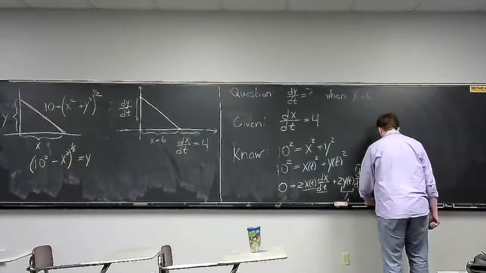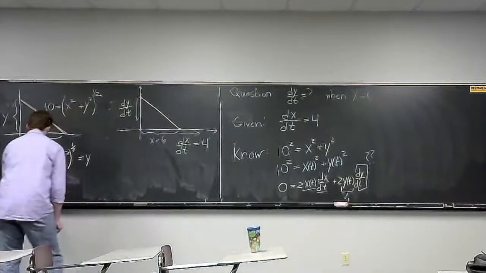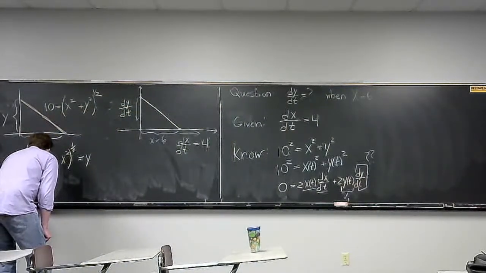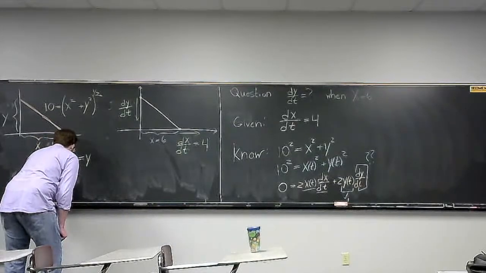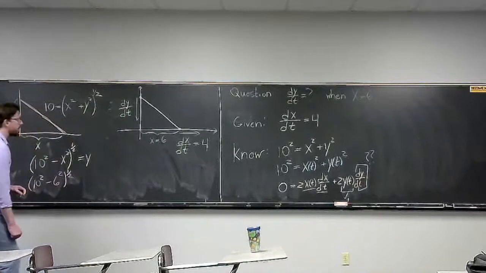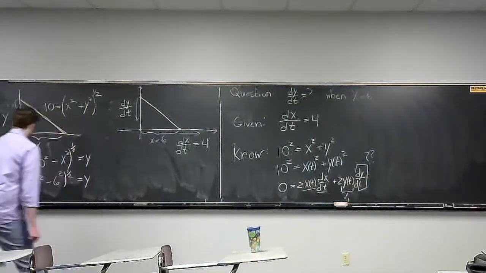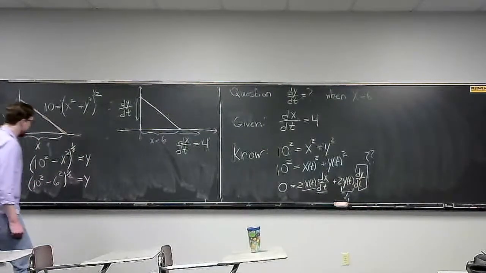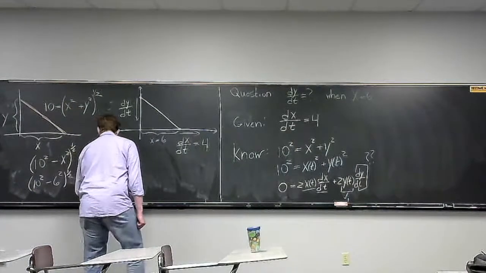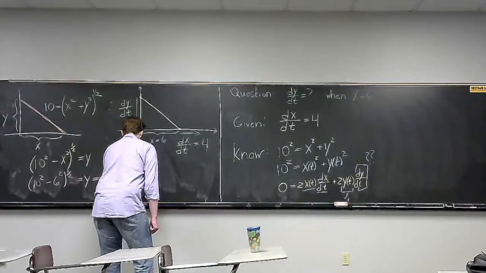So, plugging all of this together then, coming back over here just to work with this, we know that the square root of 10 squared minus 6 squared is equal to y. Well, this is going to be the square root of 100 minus 36, which is equal to the square root of 64, or 8.